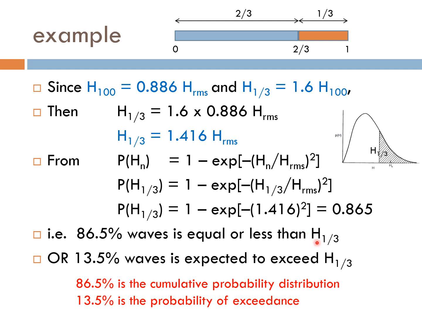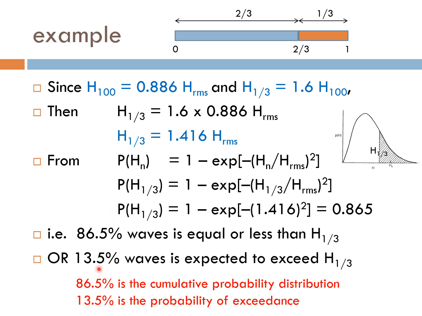And if that is the case, that means that the balance, which is 13.5% of the waves, is expected to be larger than H1/3. Now, if you understand this concept, then you understand what it means by this cumulative probability distribution.